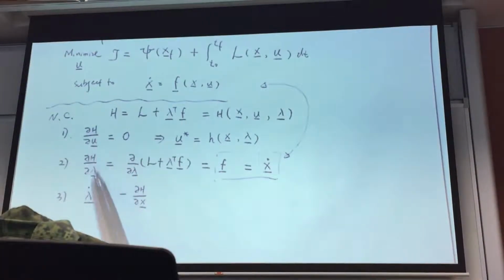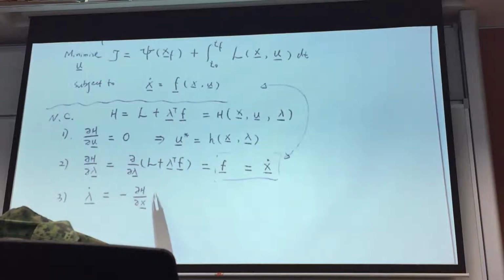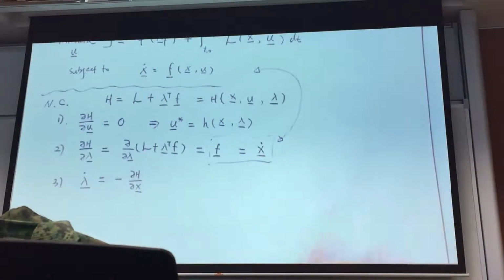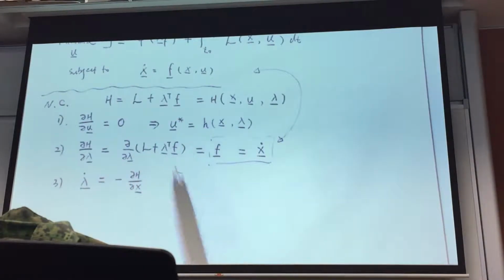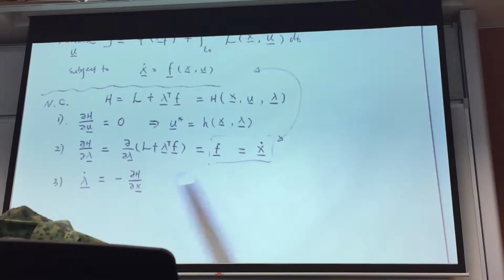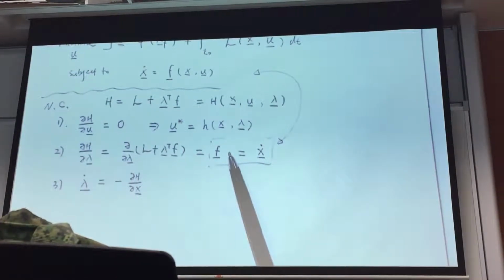So we have three sets of equations: dH/du, dH/d lambda, and dH/dx. The first one is a set of algebraic equations, and the other two sets of equations are differential equations.